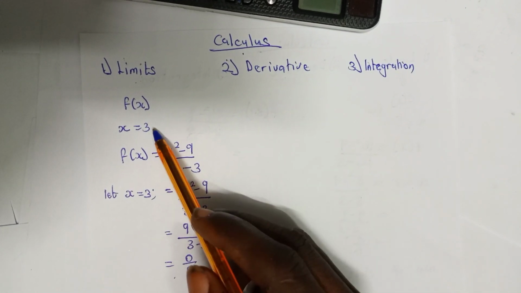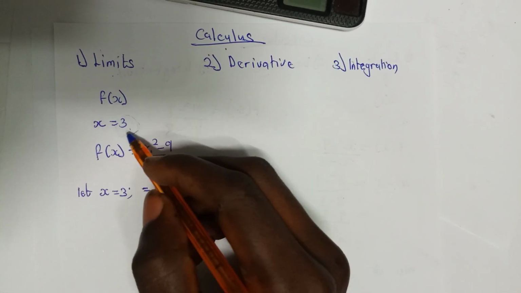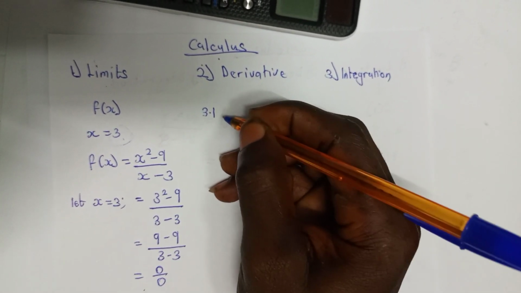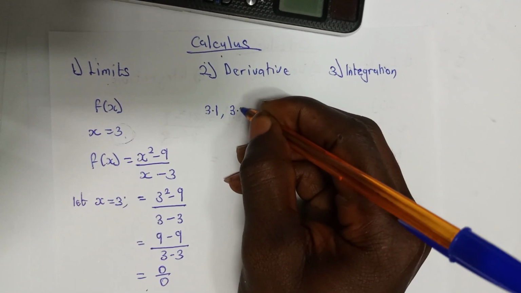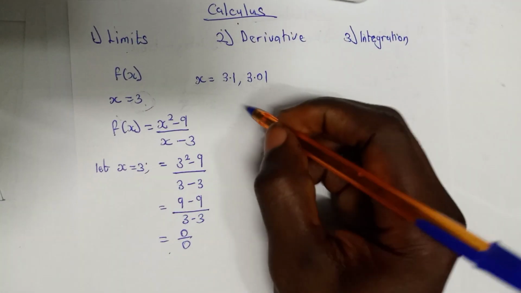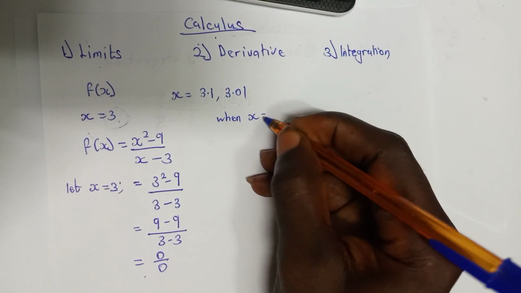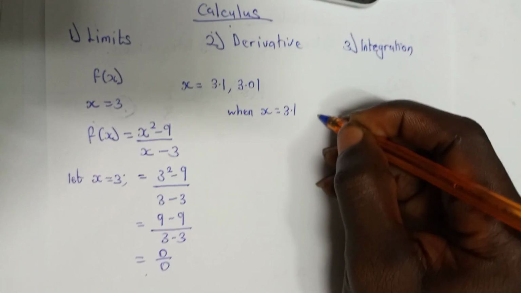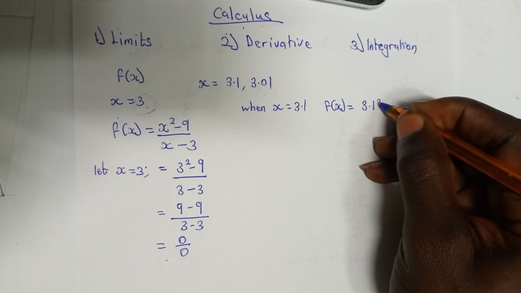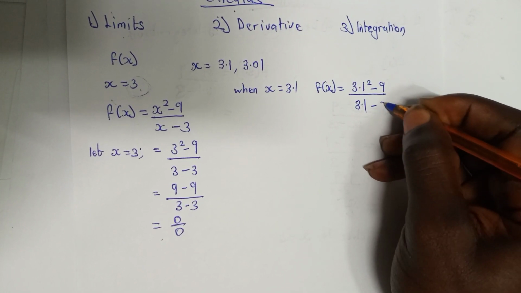Let's take values of x which are closer to 3, for example 3.1 or 3.01. When x equals 3.1, the function f of x equals 3.1 squared minus 9 divided by 3.1 minus 3.